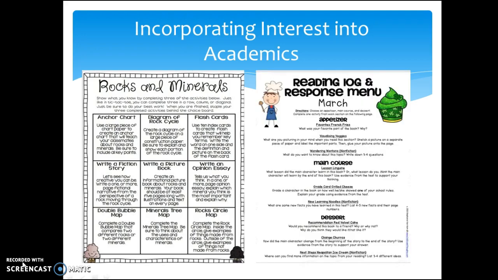I've provided an elementary and a secondary example. I've used this in the classroom, and I've broken it up into kinesthetic learning, if they like drawing, if they are more poetic. With the reading log and response menu, they get to choose one of the appetizers, one of the main course, and one of the desserts. So they have options here.